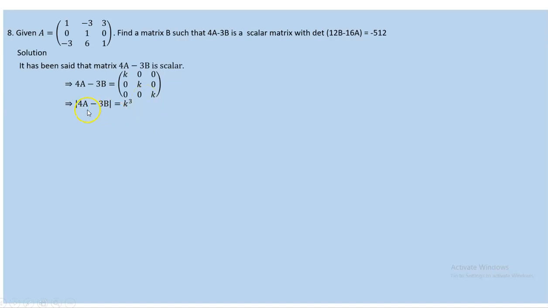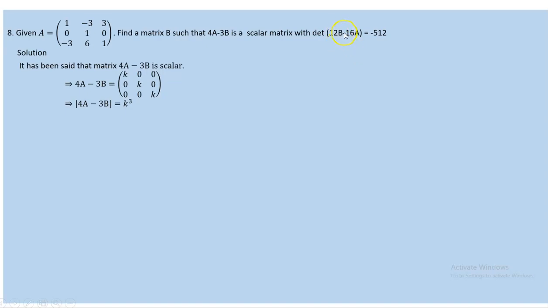Now, let's compare what has been written here with this one. You see, guys, this is 12B minus 16A, whereas this is 4A minus 3B. Now think of a certain scalar number that you can multiply to this expression in order to obtain 12B minus 16A.